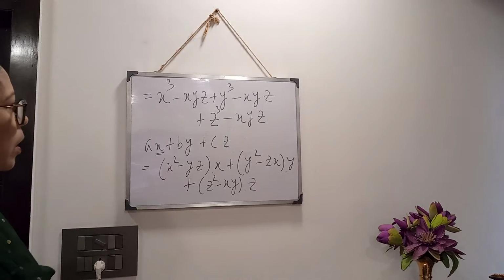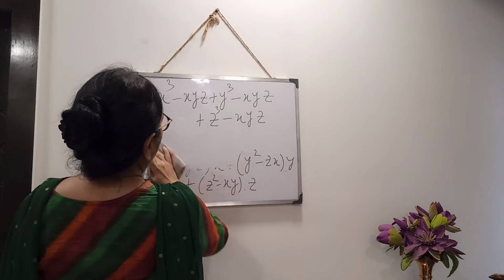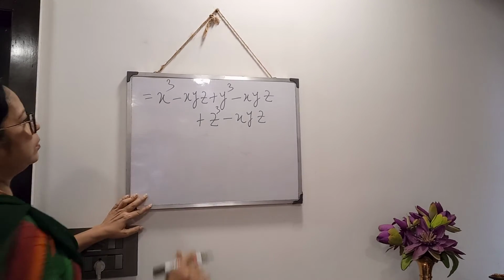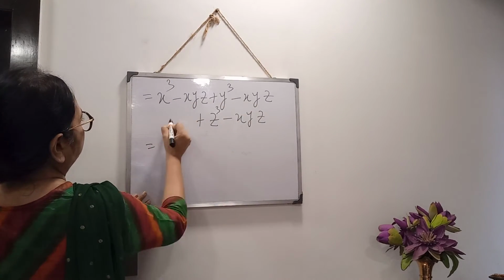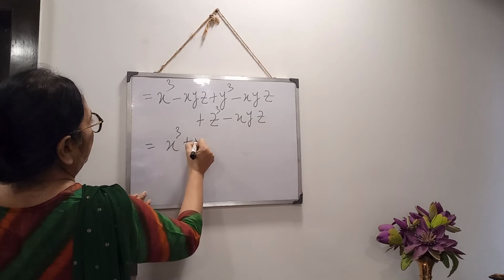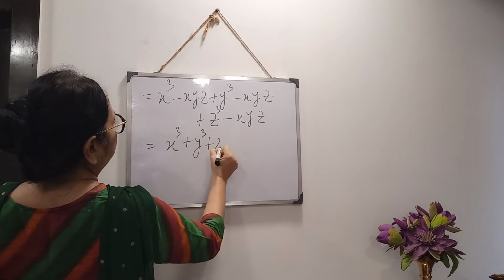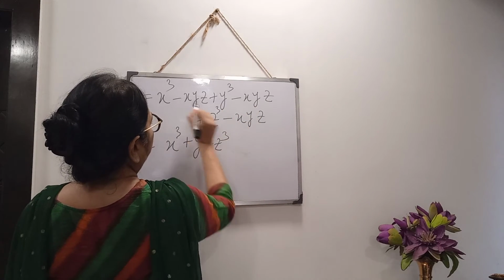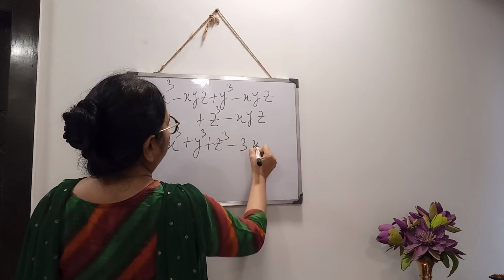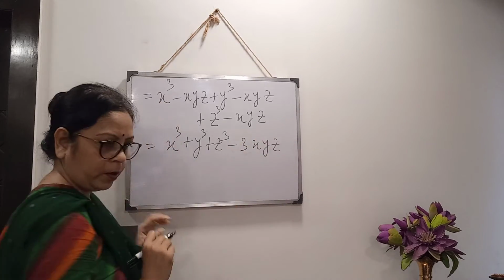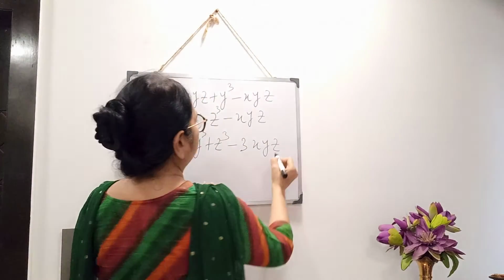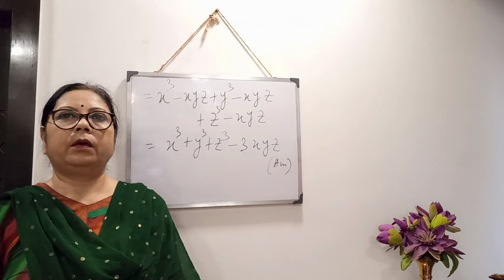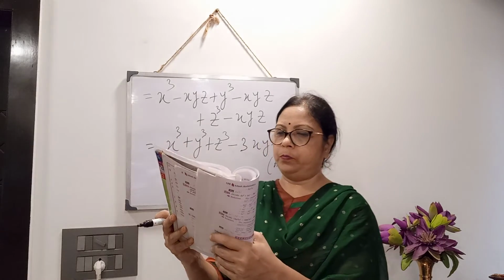Clear? Now, I think no term will be cancelled out. Okay. Then similar terms only x, y, z. So x cube plus y cube plus z cube minus xyz minus xyz minus xyz. So minus 3xyz. Values given? No. So this is the answer. Clear? In this way you have to do.